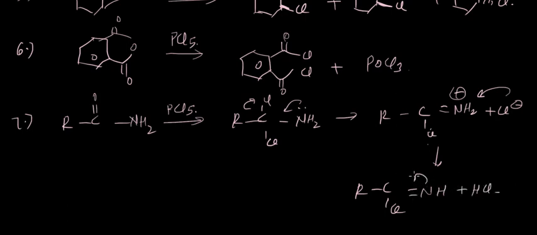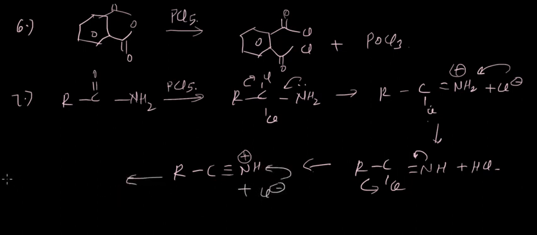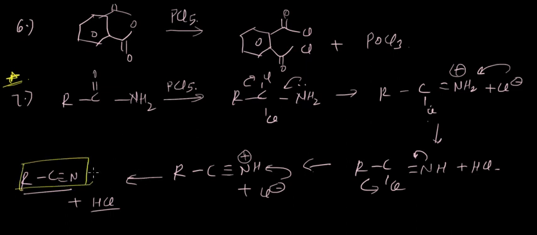Again this lone pair on the nitrogen atom will be used to form a bond between R and C. So this Cl will be removed from the carbon bond, and the removed Cl will attract another H plus towards it, and hence we have the formation of nitrile plus HCl. Okay, so keep this reaction in mind. This is used for the preparation of nitrile from acid amide or just amide.